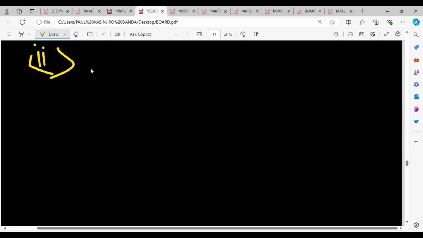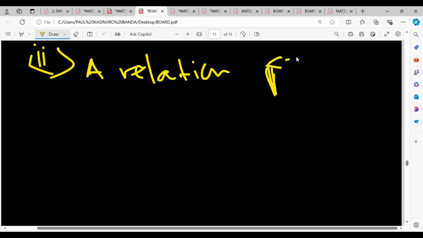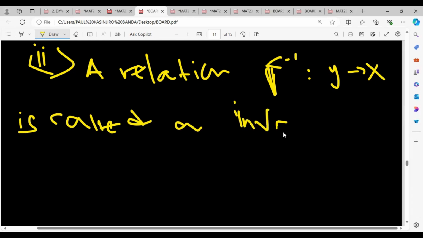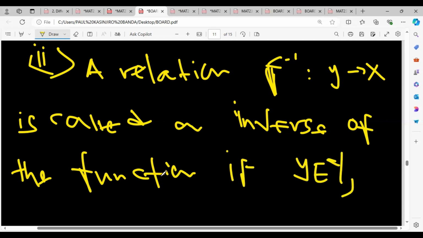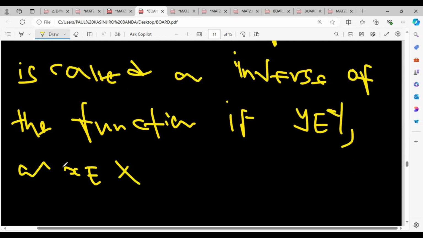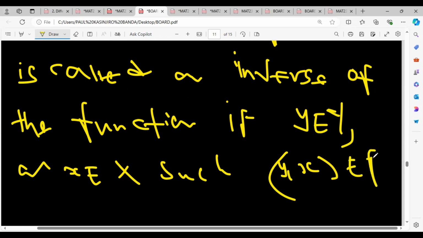We can say a relation F inverse, which maps Y to X, is called an inverse of the function if for every Y in Y we have an X such that Y comma X is a member of this inverse function.